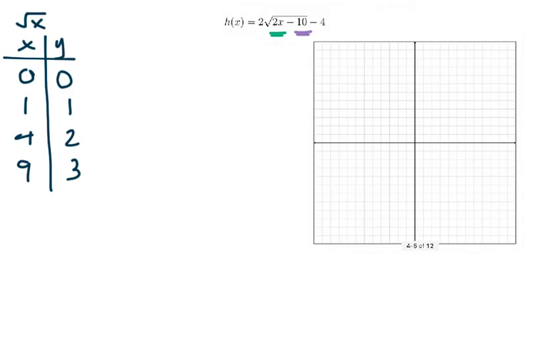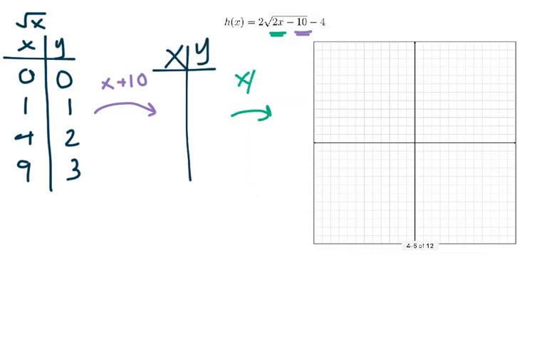So the first thing I'm going to do to my x's is add 10. The second thing I'll do to my x's, so here's my table, the next thing I would do is divide by 2. Okay, for my y's, I also have 2 things happening, but remember, we've got them outside the radical, which means not only do we do them in the order that PEMDAS would tell us, but we do the operation that it tells us.